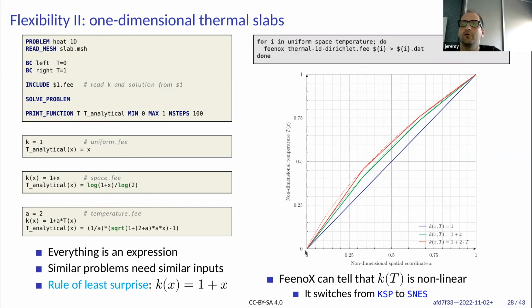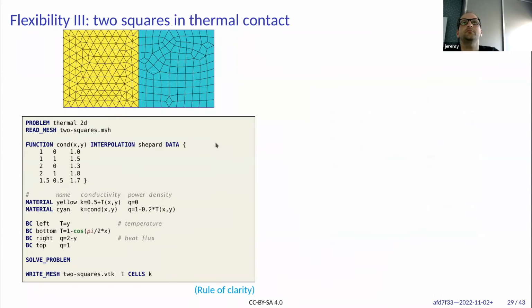Recall we have 4 nodes, one here, one at 1/3, the other one at 2/3, the other one at 1. So at the locations of the nodes, the solutions match. But the interpolation, well, since we are using first order elements, is linear here, while the analytical solution is not linear.